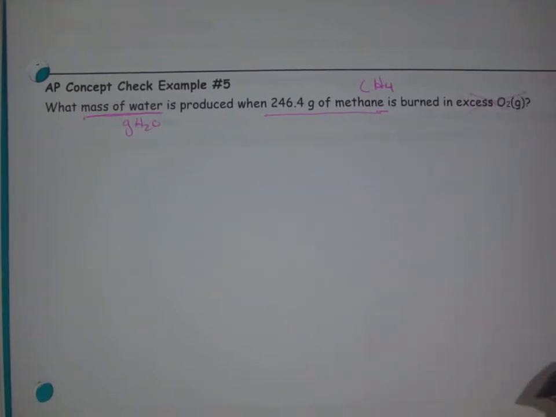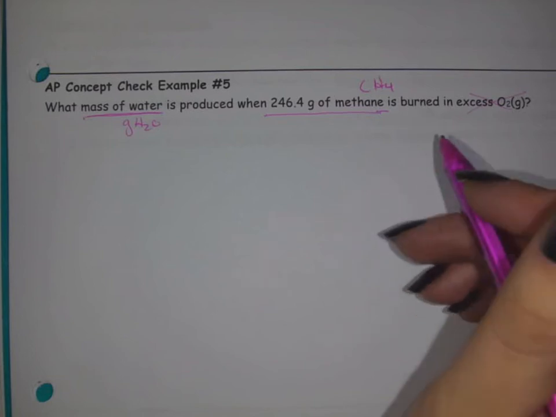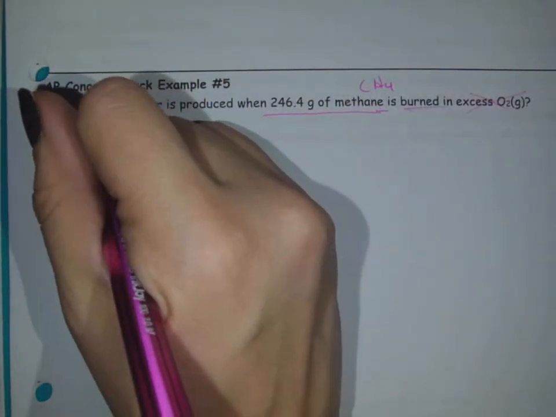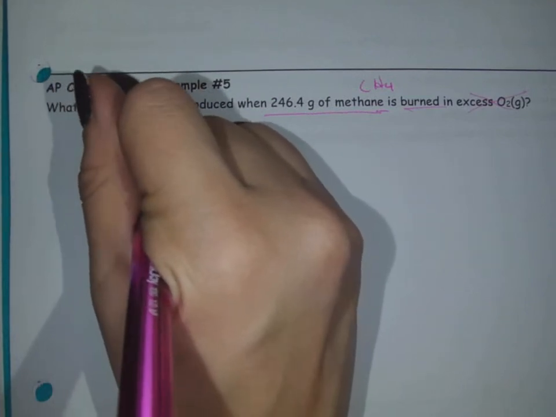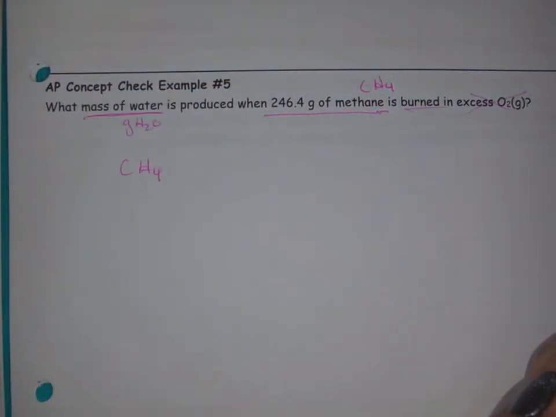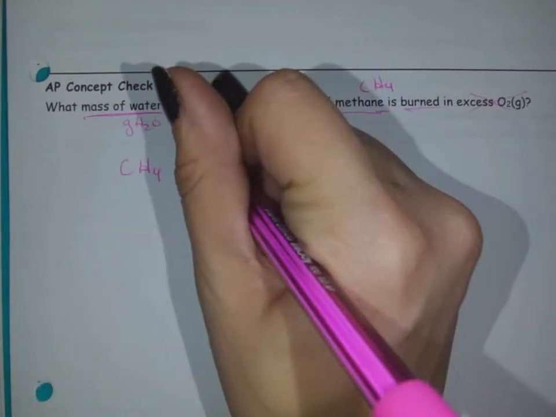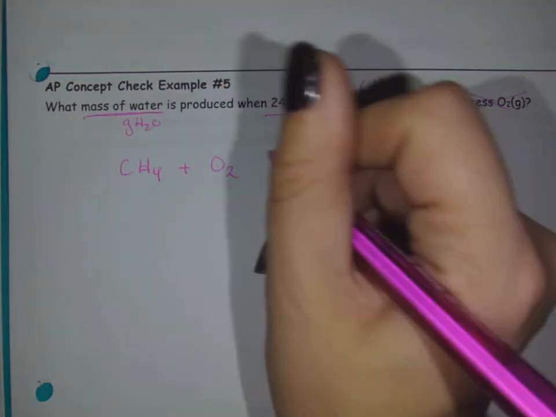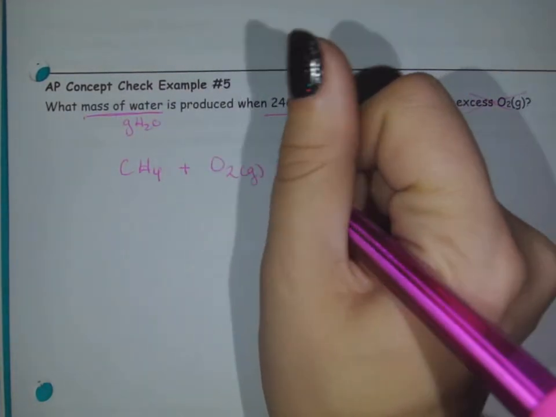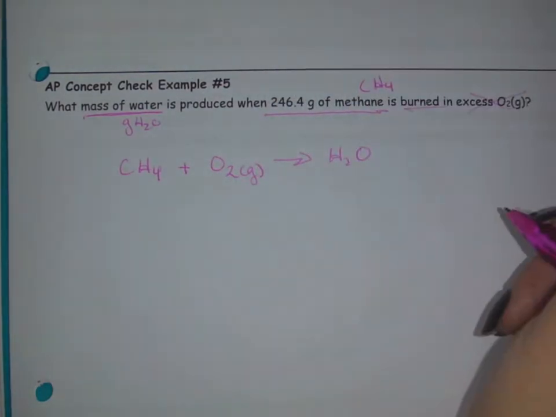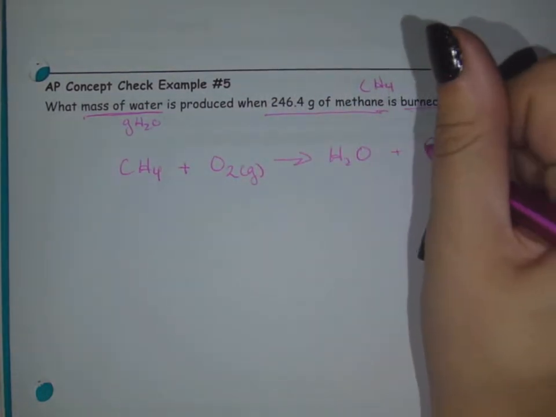We do need a balanced chemical equation to see what's happening, though, and it's going to be burnt in oxygen. So we're going to be taking CH4. It didn't clarify if it is a solid, liquid, or a gas. And we are going to be reacting with excess O2 gas, and then it's going to turn into water, H2O, and CO2.